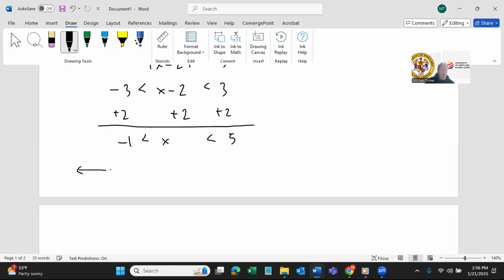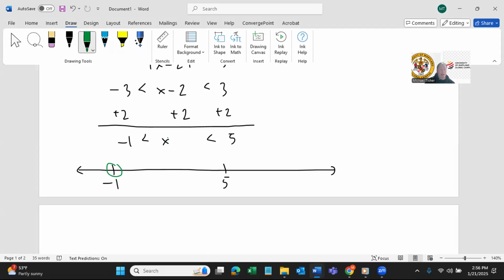So let's put this on a number line. We'll put an open circle here on negative 1 because we do not want to include the negative 1, and that's because negative 1 less than negative 1 is a false statement.